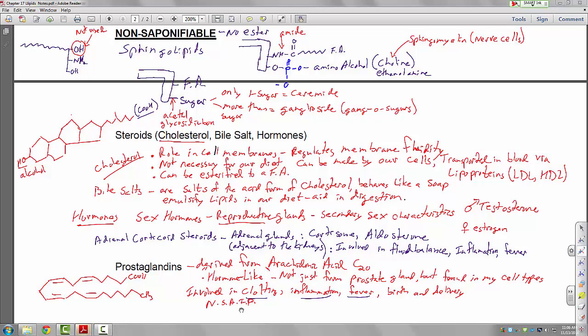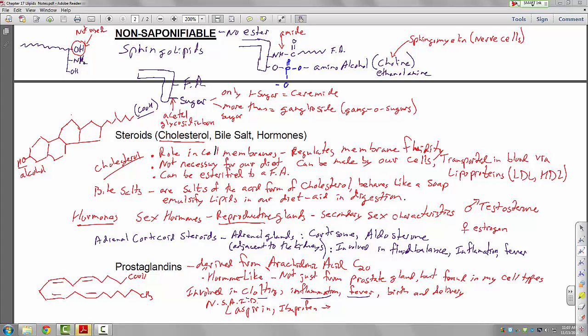Remember, we said cortisone is also involved in inflammation, but these non-steroidal anti-inflammatory drugs, such as aspirin, which we made in the lab, acetylsalicylic acid, ibuprofen, naproxen, acetaminophen, and so forth, have their effect on the production of these prostaglandins.